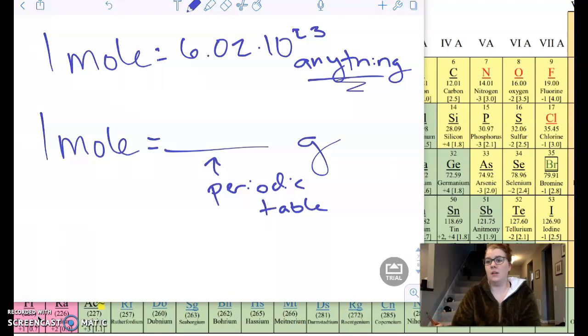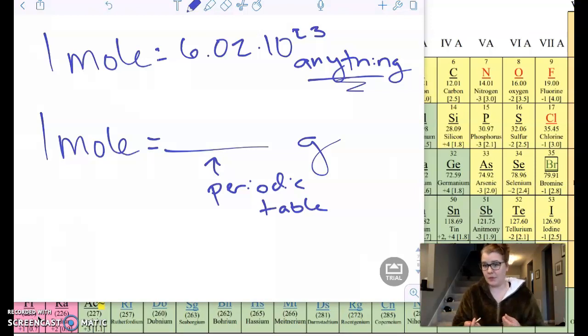Next door is fluorine. So 1 mole of fluorine weighs 19.00 grams. So all of those values in the periodic table tell you how much 1 mole of that atom weighs. And again, when I'm saying 1 mole, I'm saying 6.02 times 10 to the 23rd.